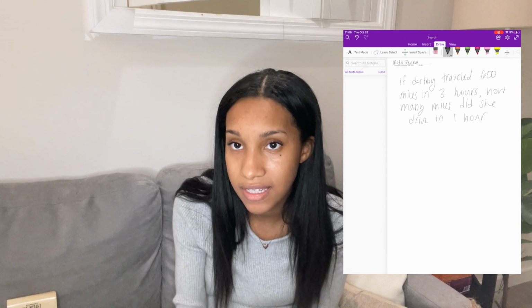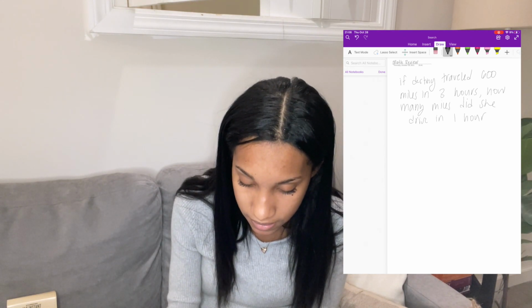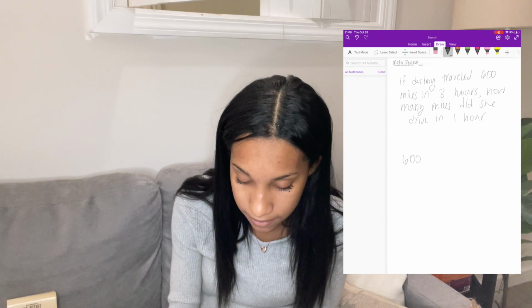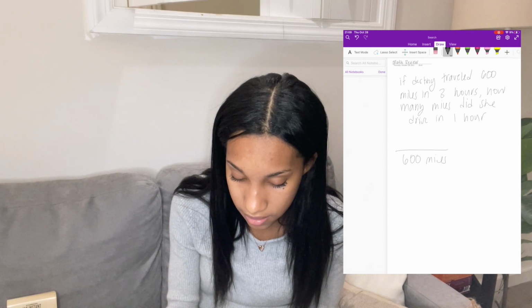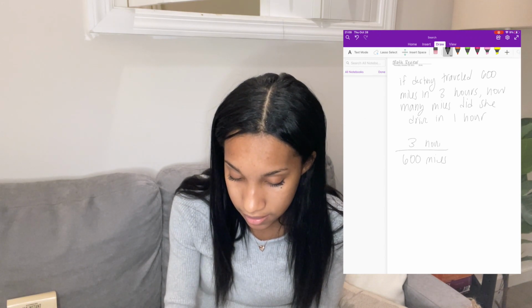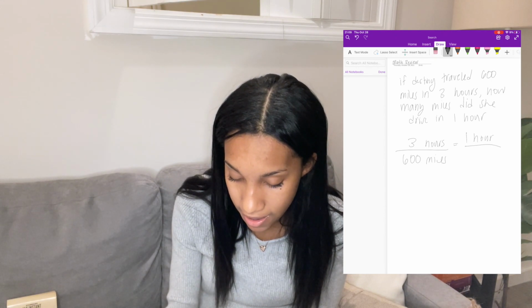It's going to stipulate that she's going the same speed, so it's pretty much equal. So 600 miles, 3 hours, so that would be 1 hour equals how many miles?